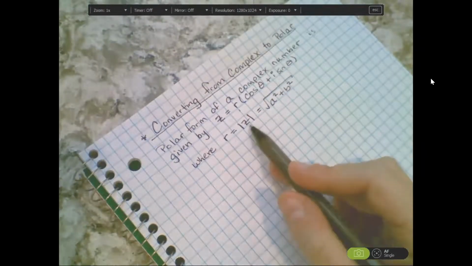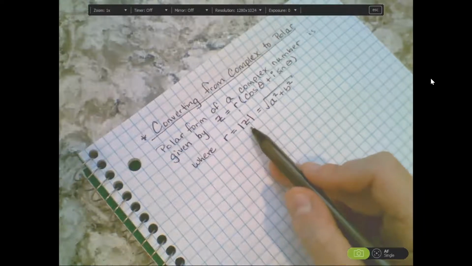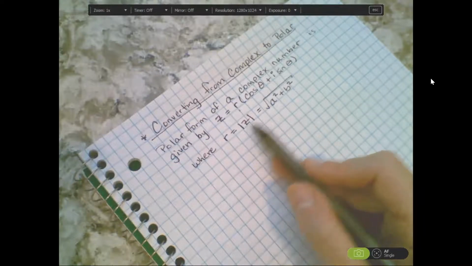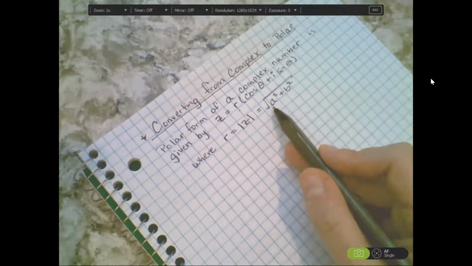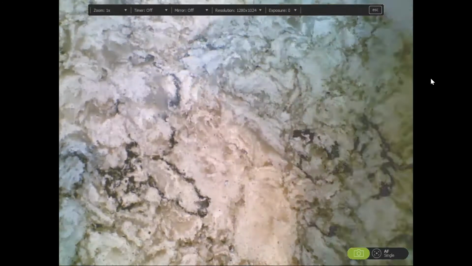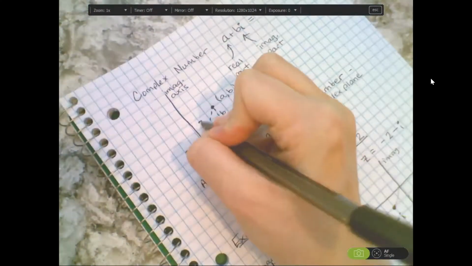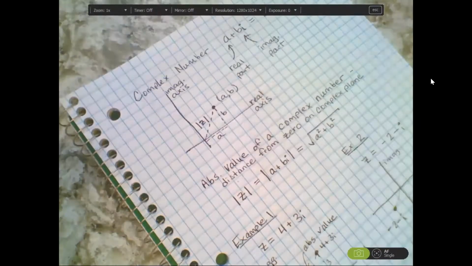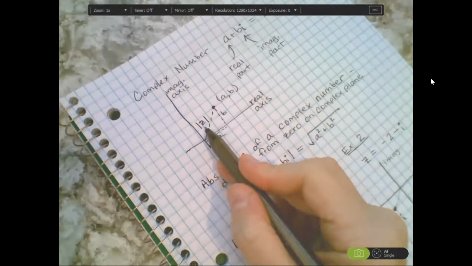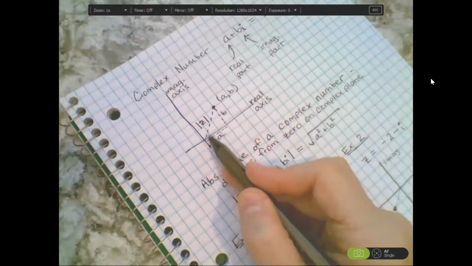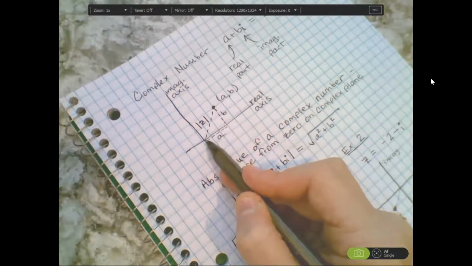So hopefully that makes sense to you, right? Because when we graphed those points a minute ago, this little calculation, we were finding the distance from the origin, right? If I flip back, we were finding this distance. So I could even go back and label it. This is the absolute value, right? It's the distance from the origin. Well, if we think about what we were doing with our polar graphing, that's kind of the same thing, right?